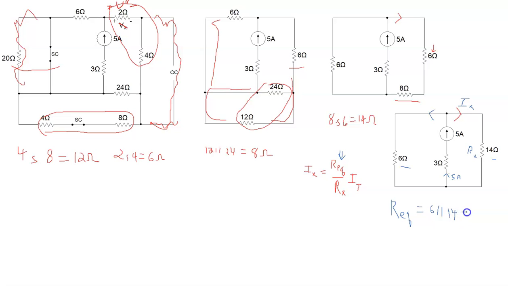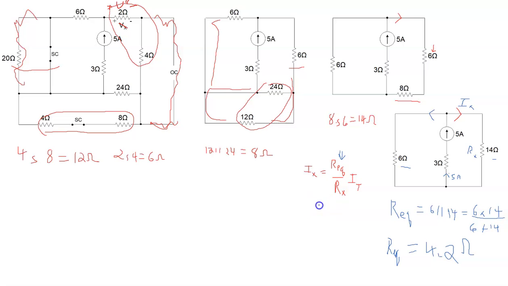And so that is equal to 6 times 14 over 6 plus 14. And so if you do that, 6 times 14 over 20, and Req comes out to be 4.2 ohms for Req.